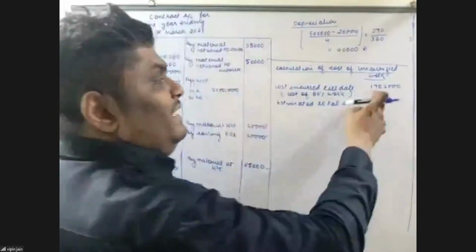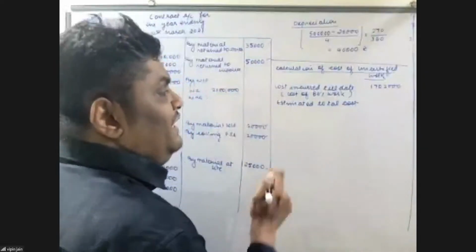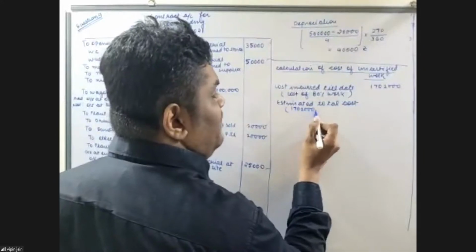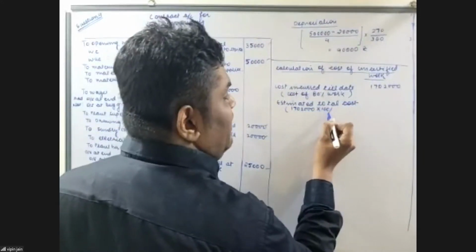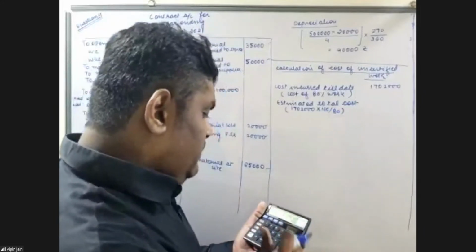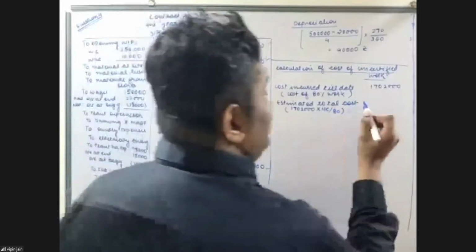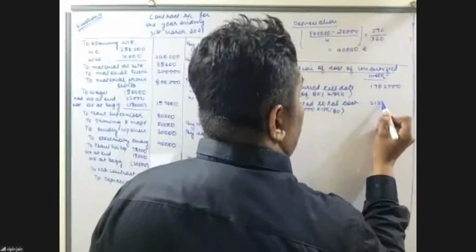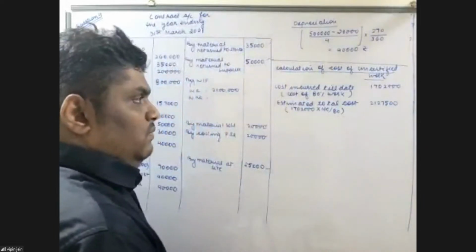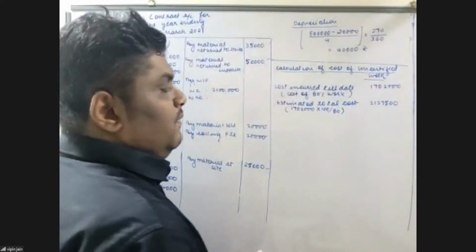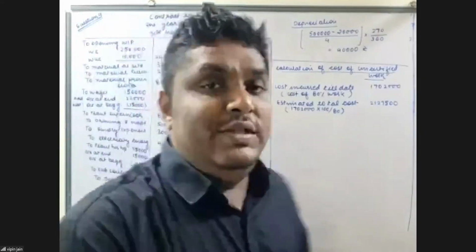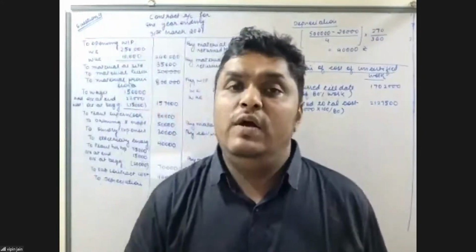Very simple, guys. 17,02,000 is the cost of 80% work. So how much will be the cost of 100% completed work? That is multiplied by 100, divided by 80, which equals 21,27,500. So this is the estimated total cost of the contract.